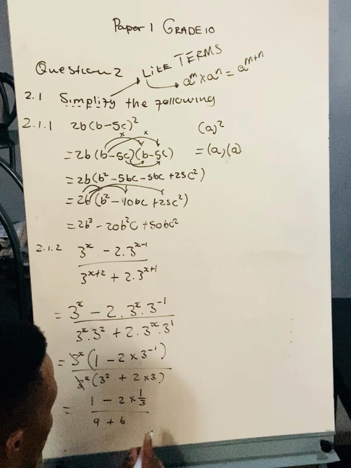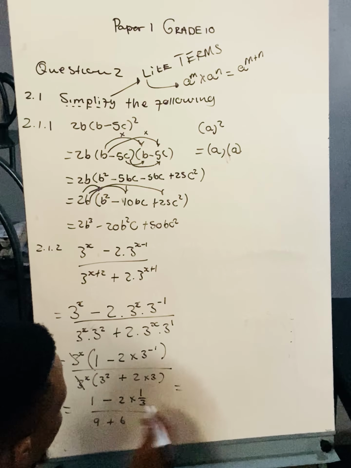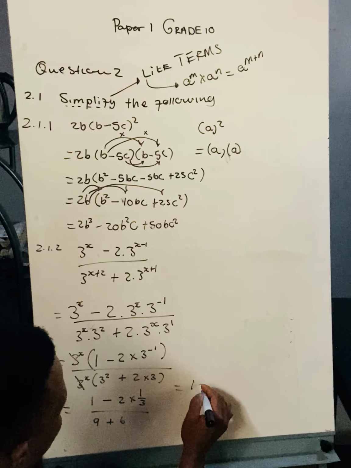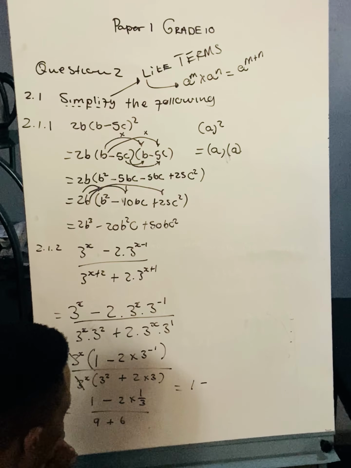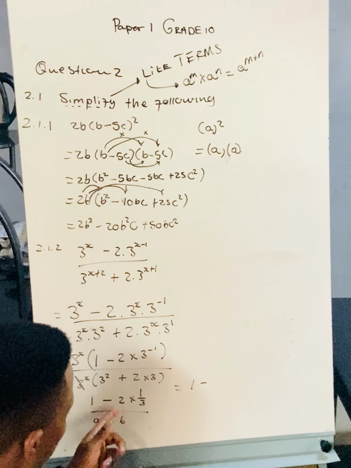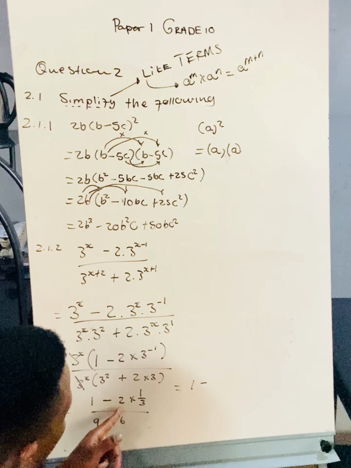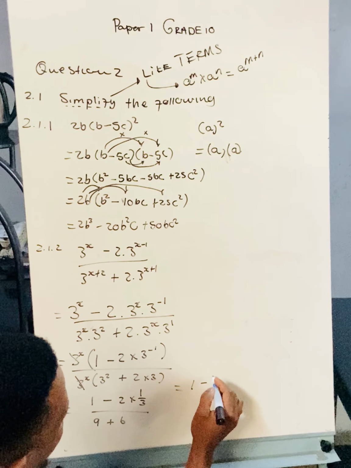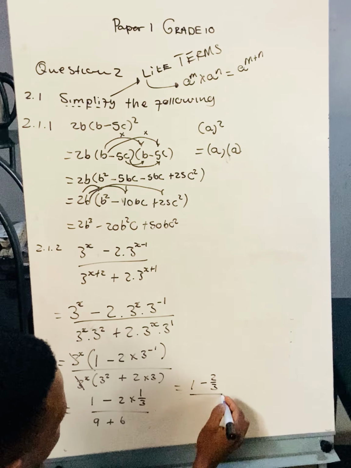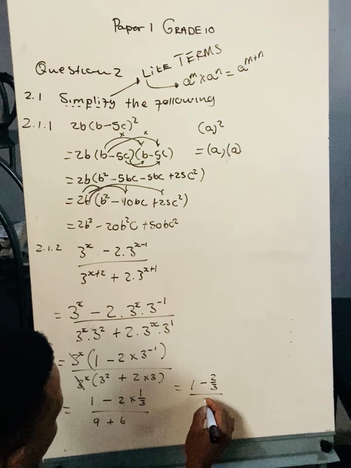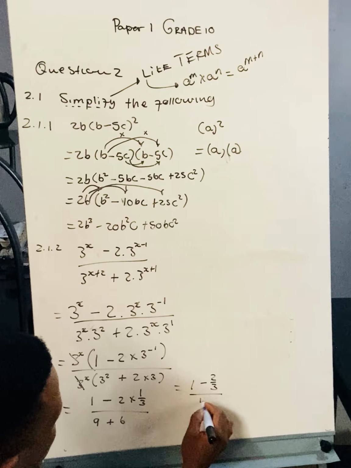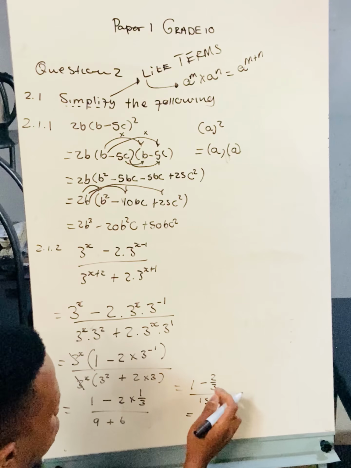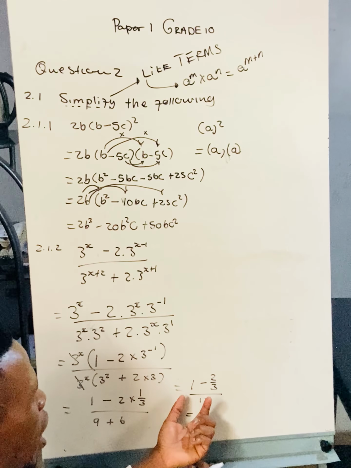From there we can simplify the top one, which is going to be 1 minus 2 divided by 3, divided by 15.